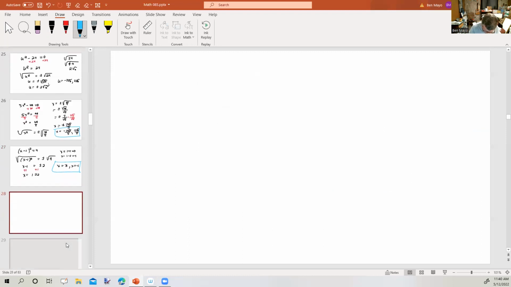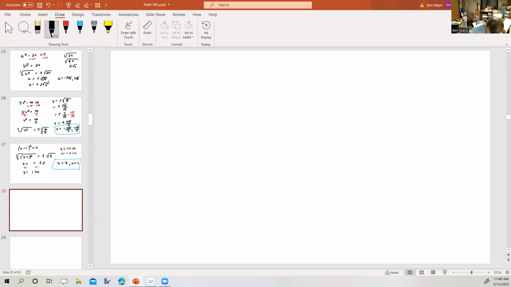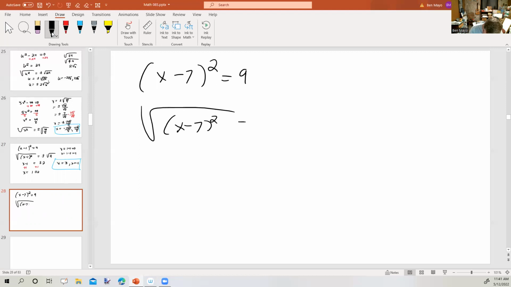All right. Let's take a look at another one. X minus 7, the quantity squared, equals 9. This again is already in the form we want. We have a perfect square trinomial on the left and a constant on the right. So we'll take the square root of both sides. So we get x minus 7 equals plus or minus 3, the square root of 9 being 3.